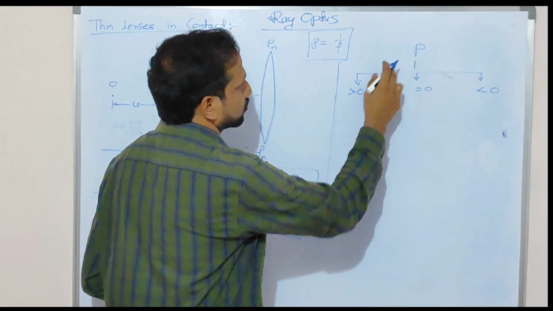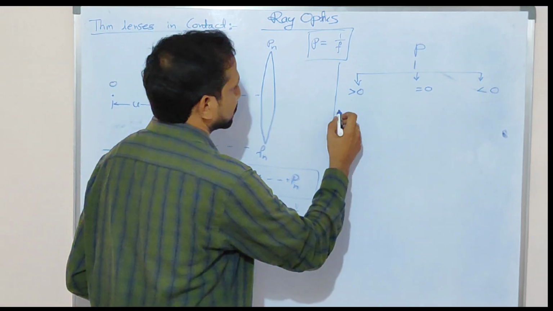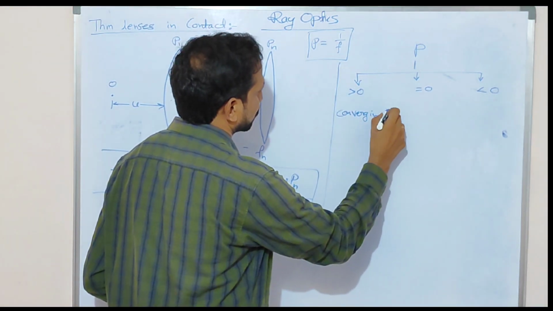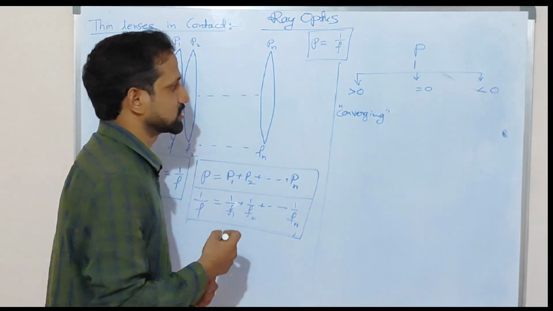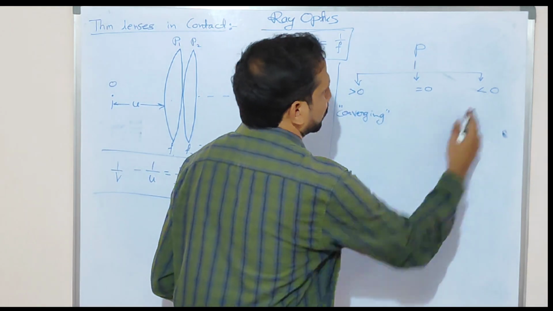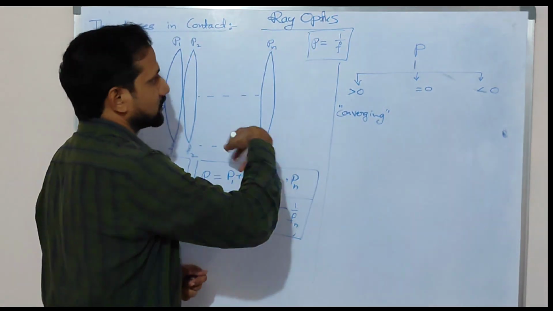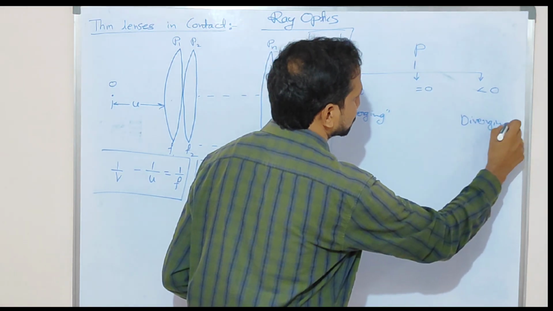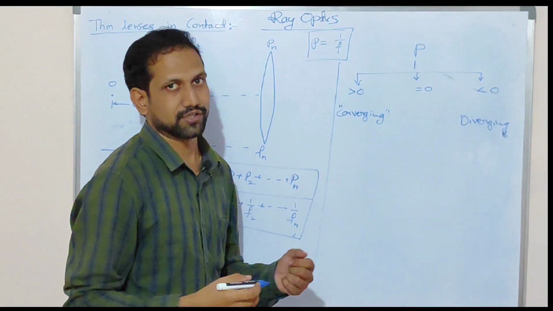If the total power is positive, the total system is behaving as a converging lens, which is nothing but a convex lens. If you got negative power, then the total system is behaving as a diverging lens, also called a concave lens.